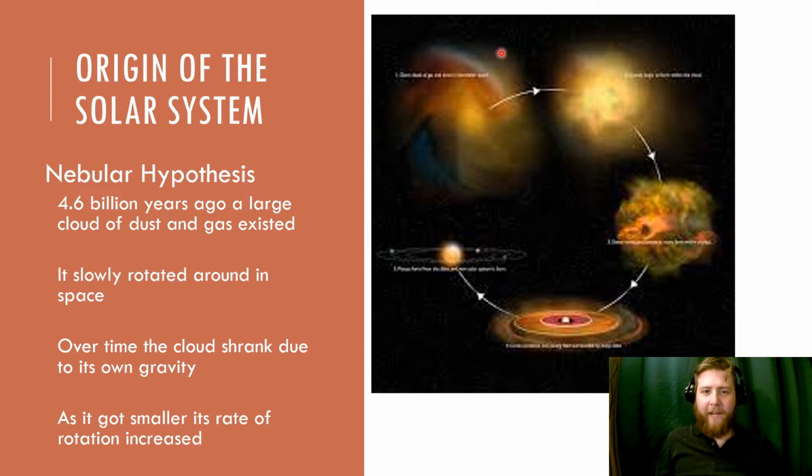As it rotated, it started to pull itself into the middle. Think of an ice skater or a ballerina who tucks their arms in and starts to spin really quickly. As this really big ball of gas got smaller, it started to spin faster. It continued to spin and shrink, getting faster and faster and smaller and smaller.